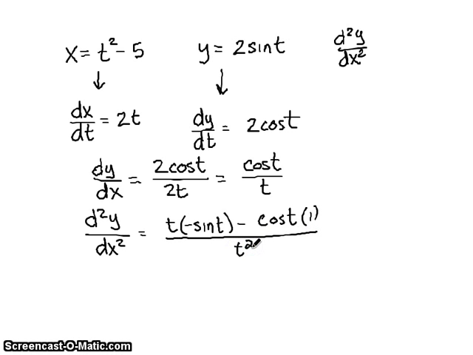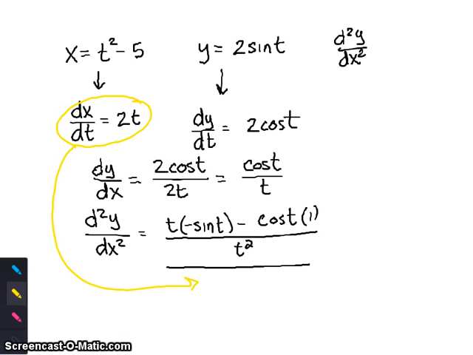So that right there is d squared y over dx dt. So we need to divide that by dx dt, but we already found that dx dt is 2t. So all we have to do is divide by 2t and simplify.